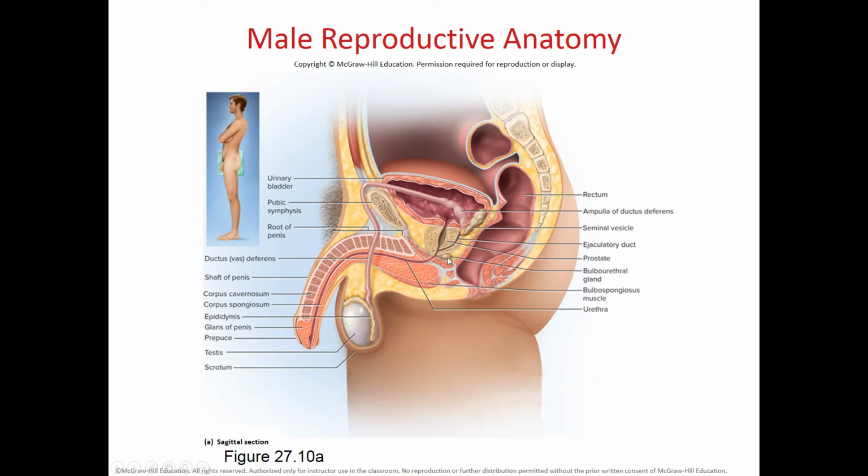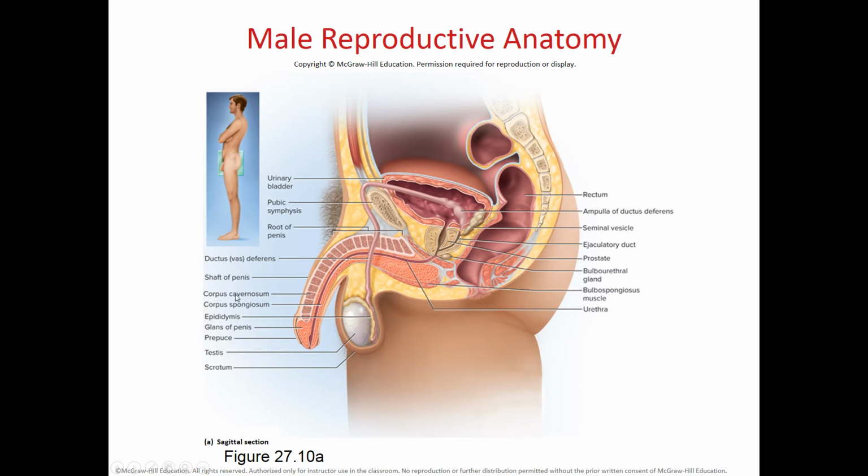And then just below the prostate gland, you have a couple of small glands that are called Cowper glands or bulbourethral glands. These are next to this region of the penis that is called the root of the penis. And then the penis consists of two erectile tissue cylinders on the dorsum of the penis, which is this, that are called the corpora cavernosa.